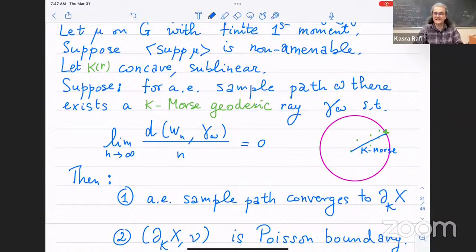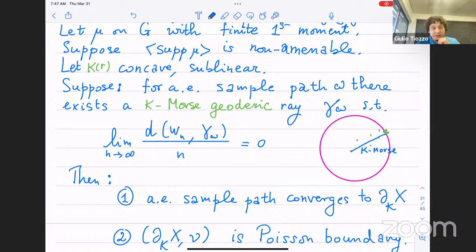I don't know if you get the same kappa, but then you can take the maximum or something. Yes, exactly. In our case, it will be different kappas: one of them is log, one of them is log to some power. Of course, different groups will have different kappa.